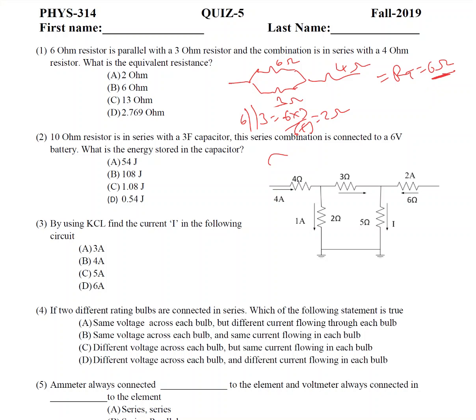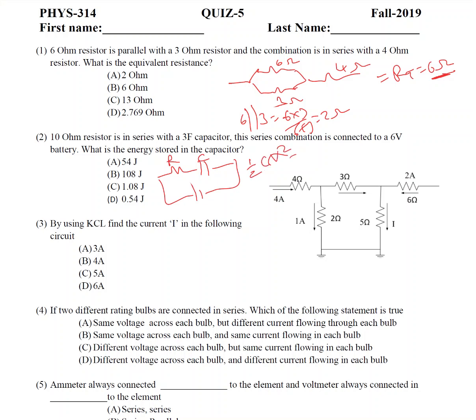Okay. Next one, a 10 ohm resistor is in series with a 3 farad capacitor. This series combination is connected to a 6 volt battery. What is the energy stored in the capacitor? We know that a capacitor acts like an open circuit in DC once it is fully energized. Now, what is the formula for energy stored in the capacitor?